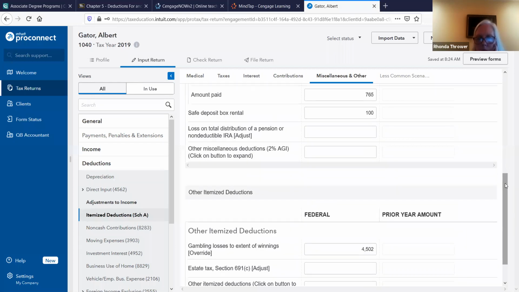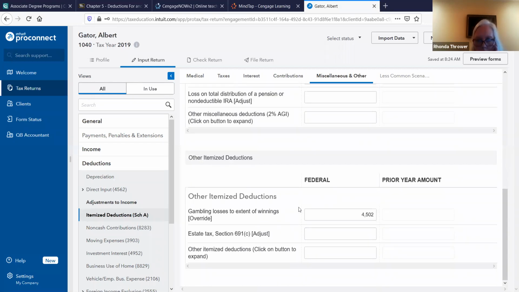And the other thing that we had that we could take was the gambling losses. Notice that goes under other itemized deductions, gambling losses. We can deduct gambling losses to the extent of the winnings. And you'll remember that he won some at gambling. And so the amount of that was $4,500.